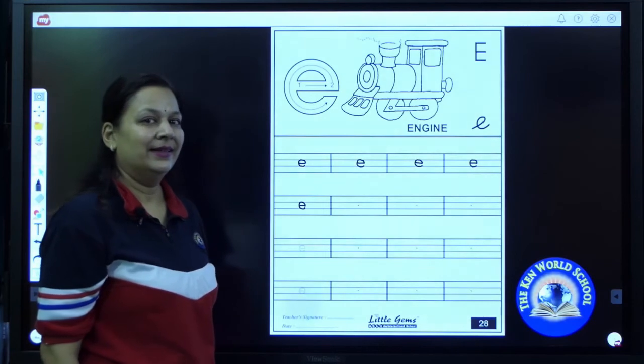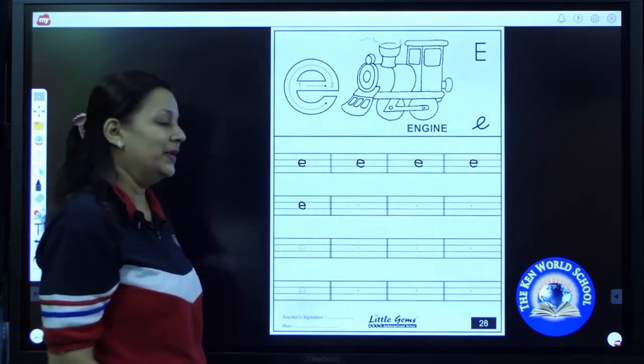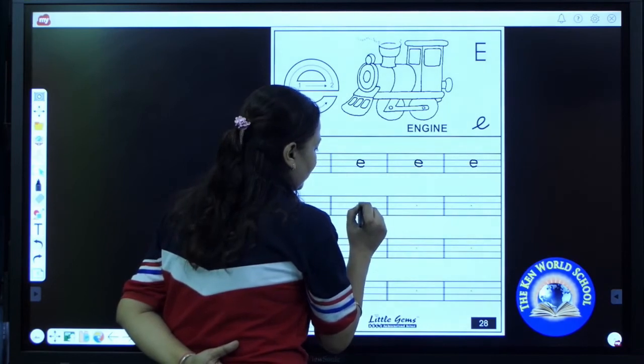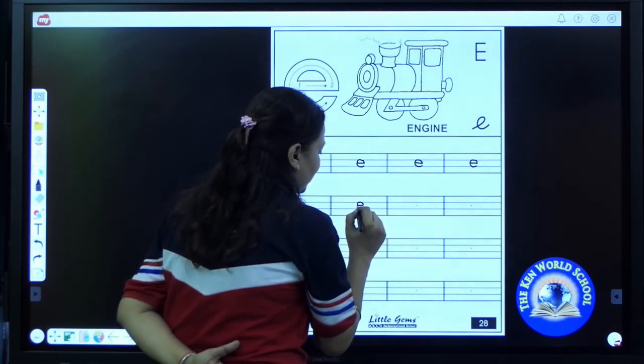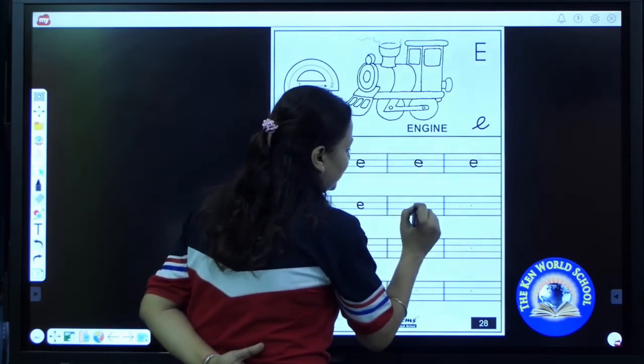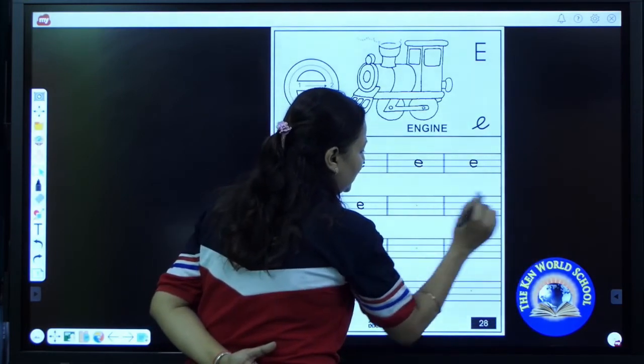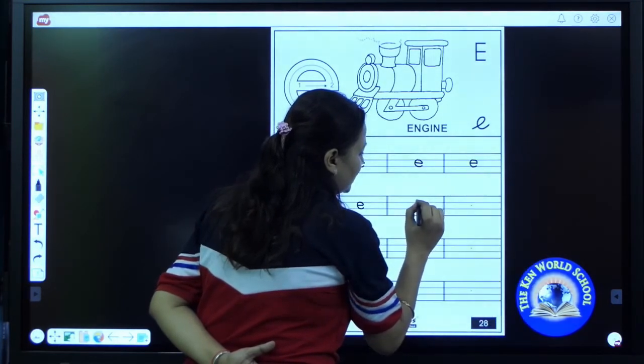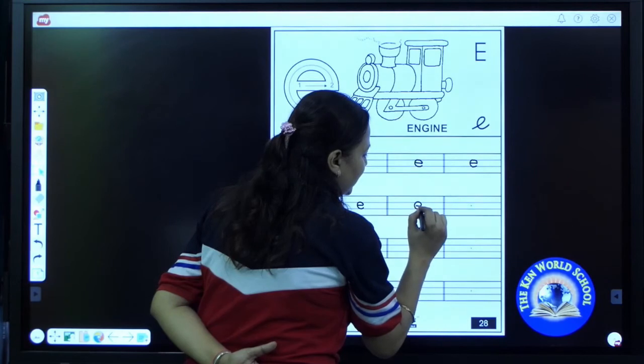Done? Now again ma'am is going to write. Draw a sleeping line between base line and middle line. Go up till middle line, make a curve. And stop on the base line.